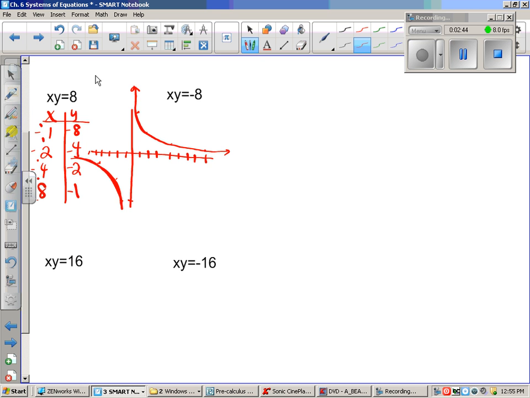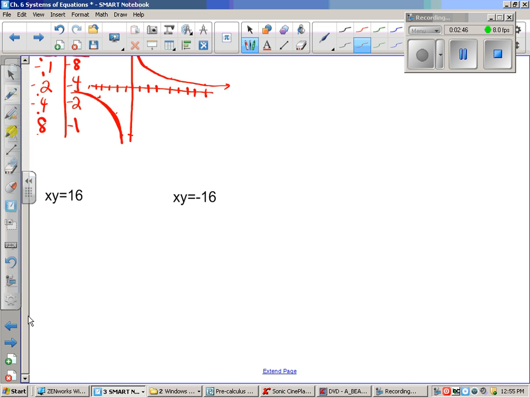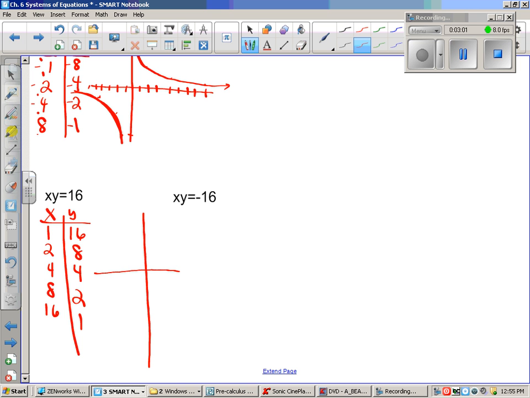Interesting. Well, let's scroll down here to x times y equals 16. In a similar fashion, let's look at an xy table. 1 times 16, 2 times 8, 4 times 4, 8 times 2, 16 times 1. And as we would draw the graph, you would get 1, 16, and 2, 8, and 4, 4, and 8, 2, and so on.